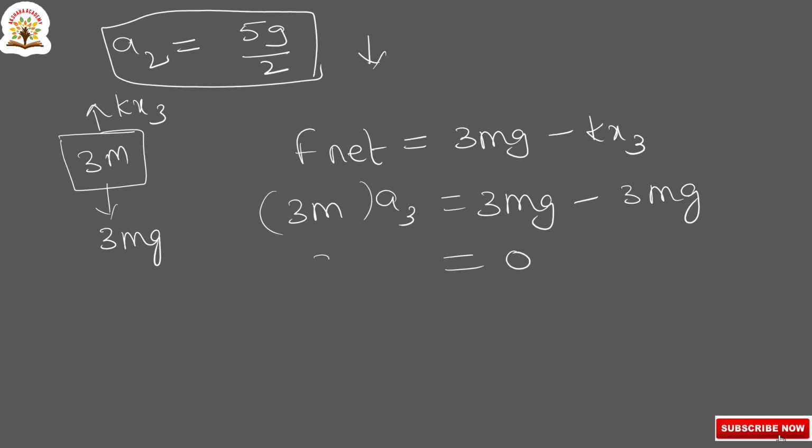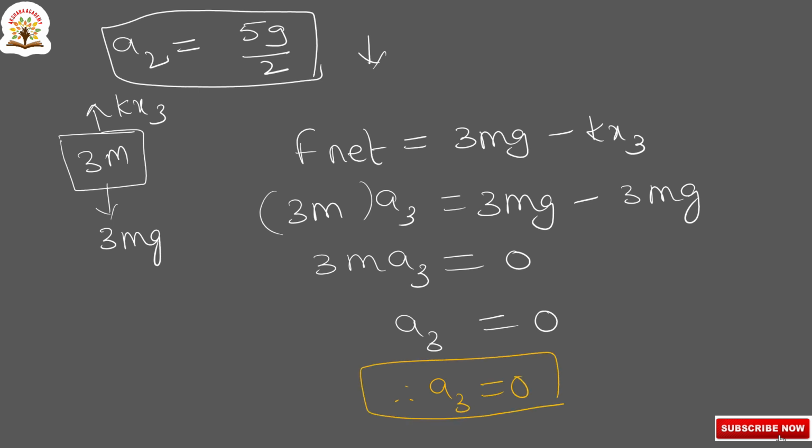So 3m a3 is equal to 0. Therefore a3 is equal to 0. So a1 is equal to 5g upward, a2 is equal to 5g by 2 downward, and a3 is equal to 0. This is the final answer.